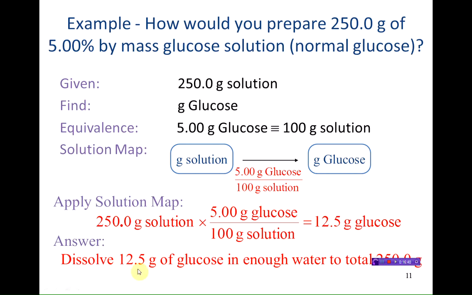So to make this solution, we dissolve 12.5 grams of glucose, put it in a flask, and add enough water, putting it on a scale, so that the total mass is 250 grams. So we'll add water until the total mass is 250 grams.